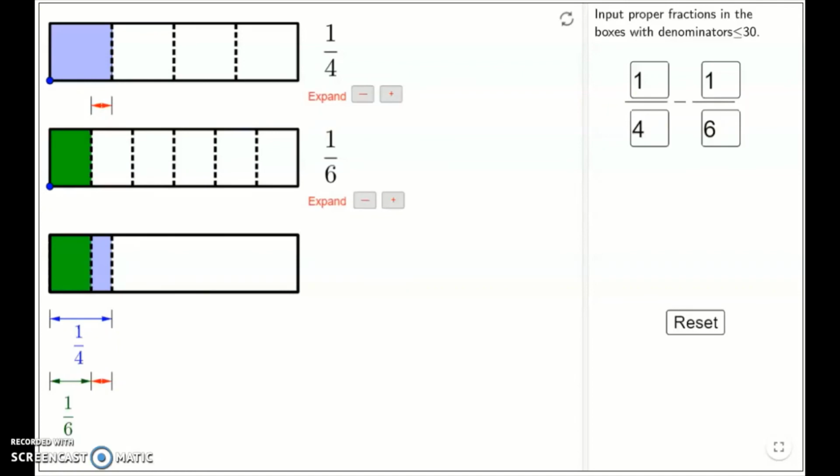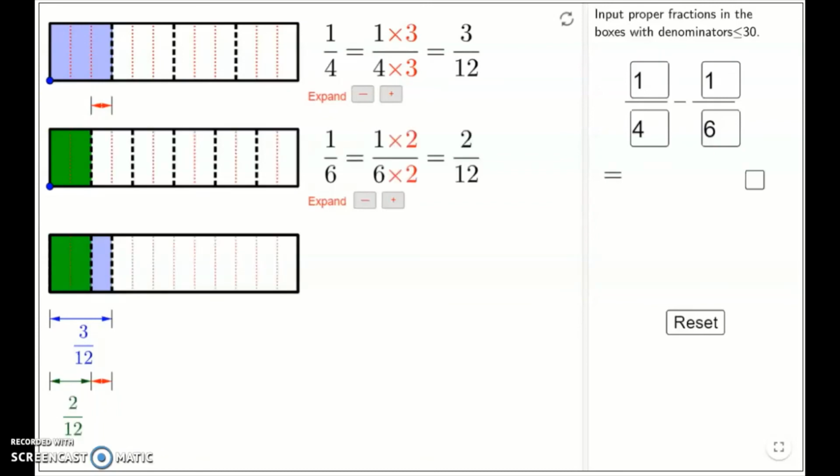But if I look at the 4 times table, 2 4s are 8. That's not in the 6 times table. But 3 4s are 12. That is in the 6 times table. And in my 6 times table, 2 6s are 12. I now have 1/4 split into 3 lots gives me 3/12. 1/6 split into 2 lots gives me 2/12. And 3/12 less 2/12 leaves me with 1/12.